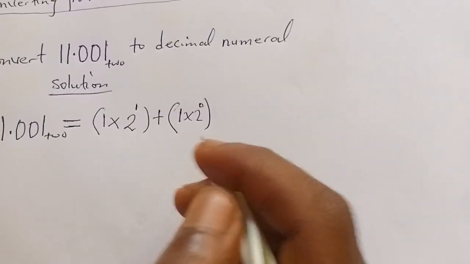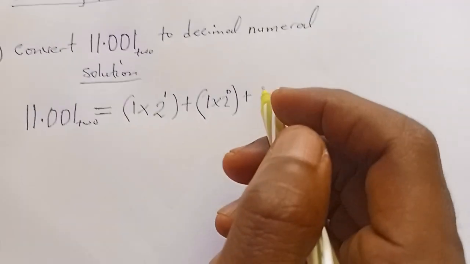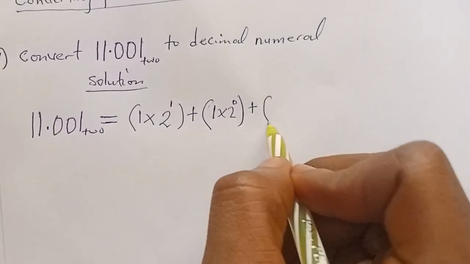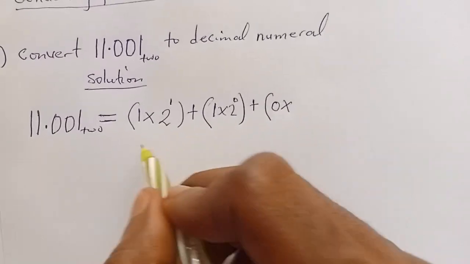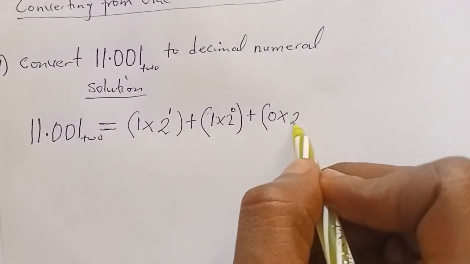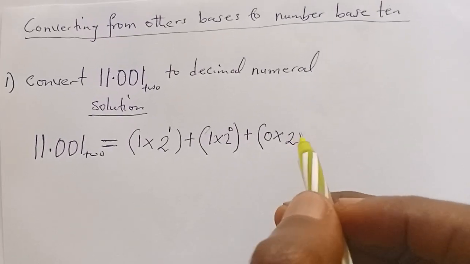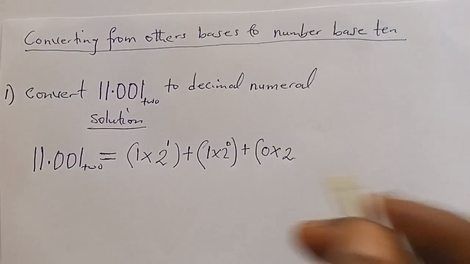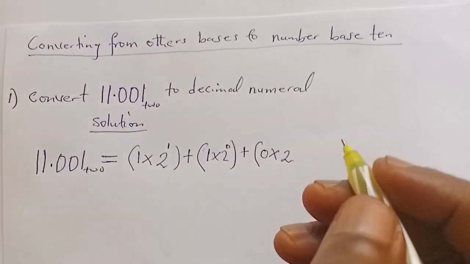The next one is the decimal, right? So we say plus. To solve the decimal aspect, you can take the 0 also. So 0 times the base 2, and now we will be decreasing by negative 1, negative 2 going onward. So it always decreases after the decimal, starting with negative 1.